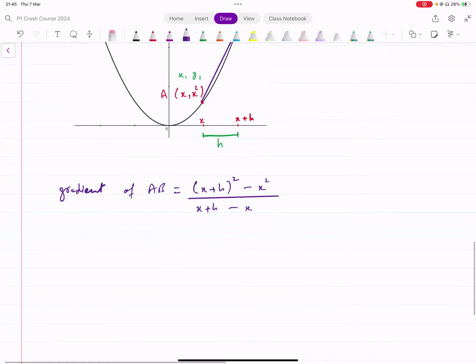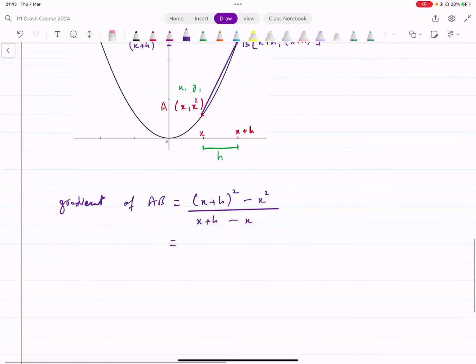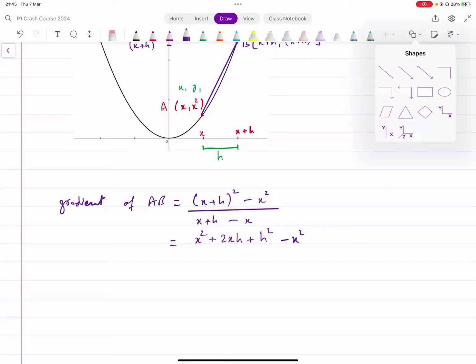We get this gradient of AB. Let's simplify this and see what we get. We get x squared plus 2xh plus h squared, using a plus b whole squared equals a squared plus 2ab plus b squared. We've just expanded this. Minus x squared, and in the denominator, we have x plus h minus x. What does that leave us with? Just h.